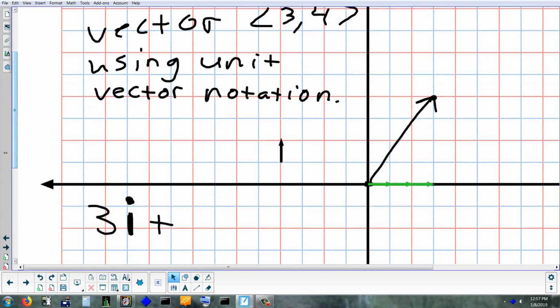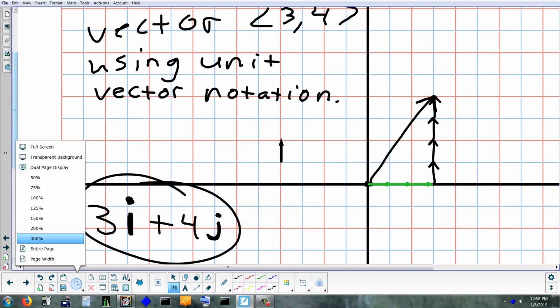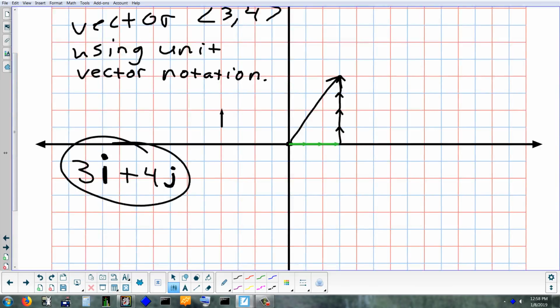So I'm just going to draw it because it's quicker. I'm going to put 4 J's. 1, 2, 3, 4. So I have 3 of the I's plus 4 of the J's. And that's another way to write the vector 3, 4: 3I plus 4J. That's it. That's all there is to it.